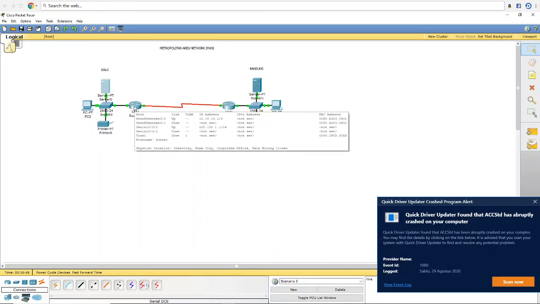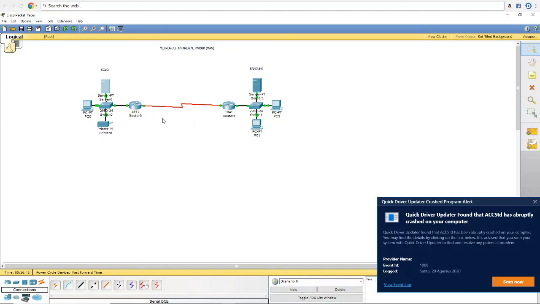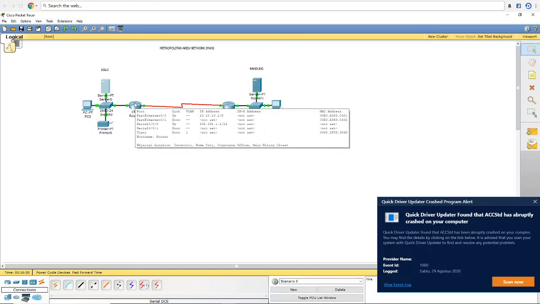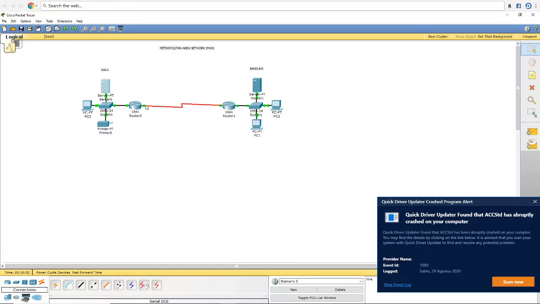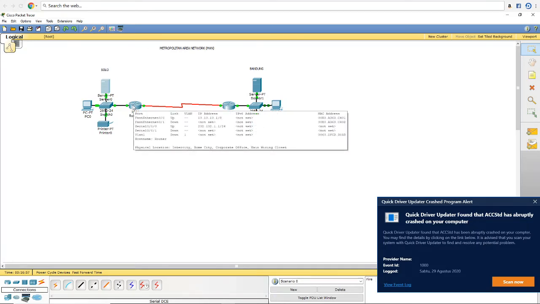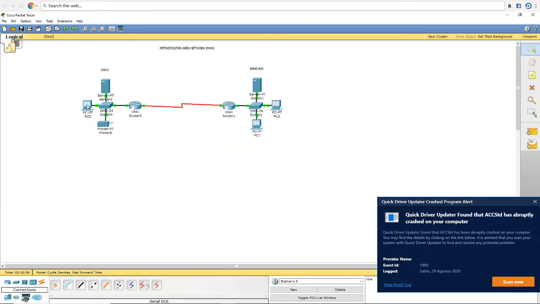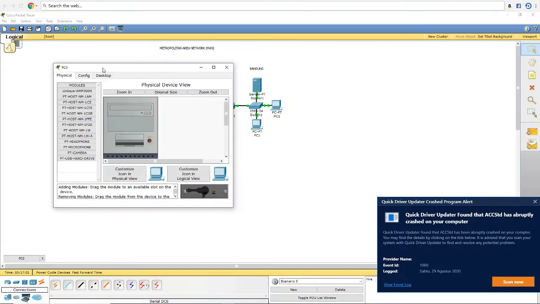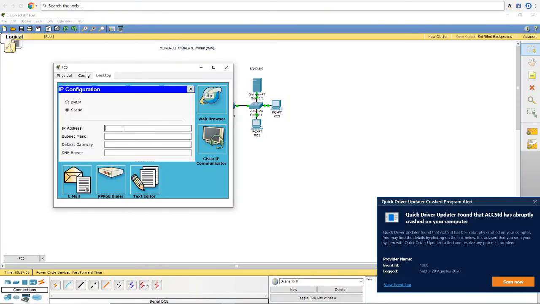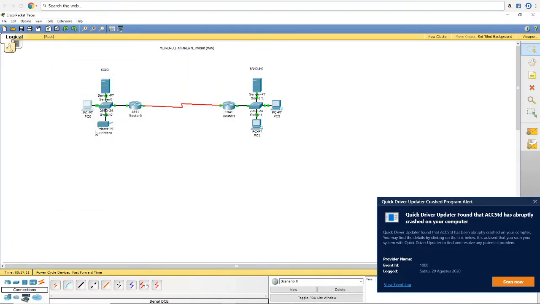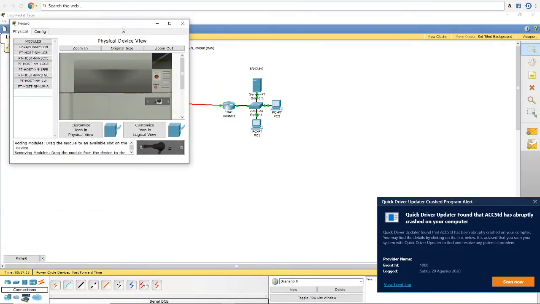For the IP gateway of LAN Solo, we are using the IP of fast Ethernet from the router. It is 10.10.10.1. Then configure the client and also the printer.